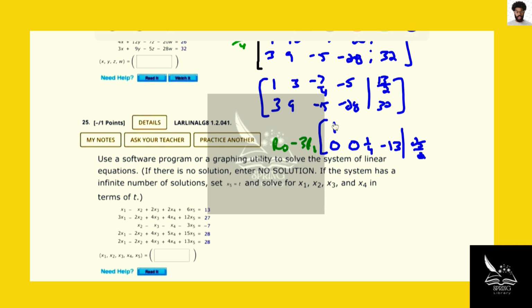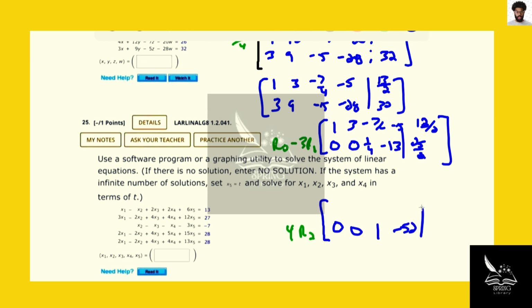Row 1 stays put. And then we can multiply row 2 by 4 to get it to be a 1. So that'd be 0, 0, 1. 4 times -13 is -52. And 4 times 25/2 is 50.